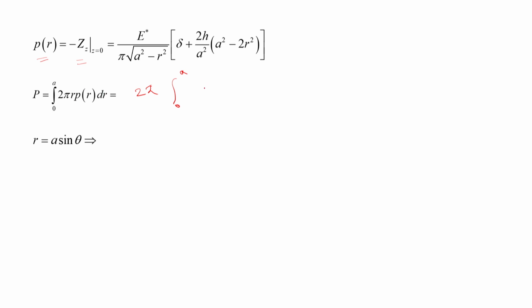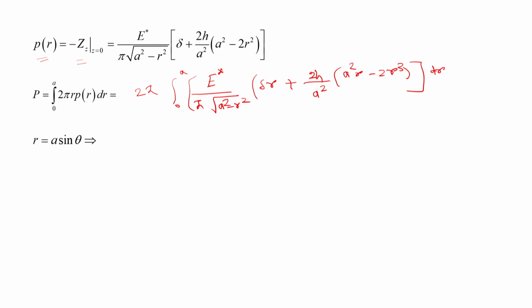So it is r into E star by pi into square root of a square minus r square, now multiplied by r, so it is delta into r plus 2h by a square into a square r minus 2r cube, whole thing dr. So it is delta into r plus 2h by a square into a square r minus 2r cube dr, good. So this is equal to 2 pi into E star by pi.